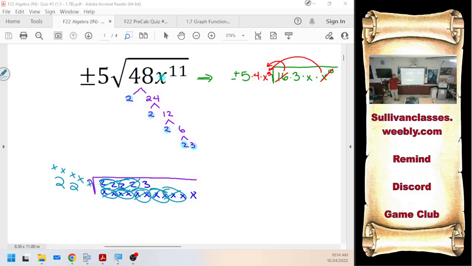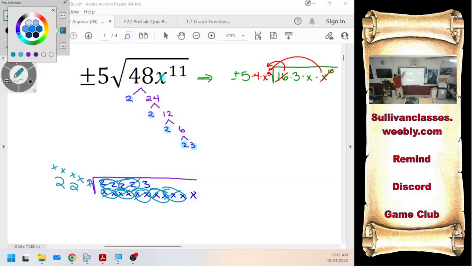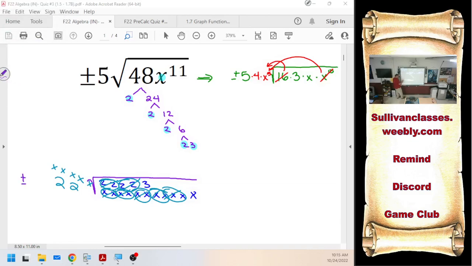You circle pairs, because 2 times 2 is 4, square root of 4 is 2. This is just leaving it in its prime factor form. Just like here, oh, almost forgot there's a 5 hanging out here. So all this stuff comes out, which is the same as 4x to the 5th, regardless of which path you take.